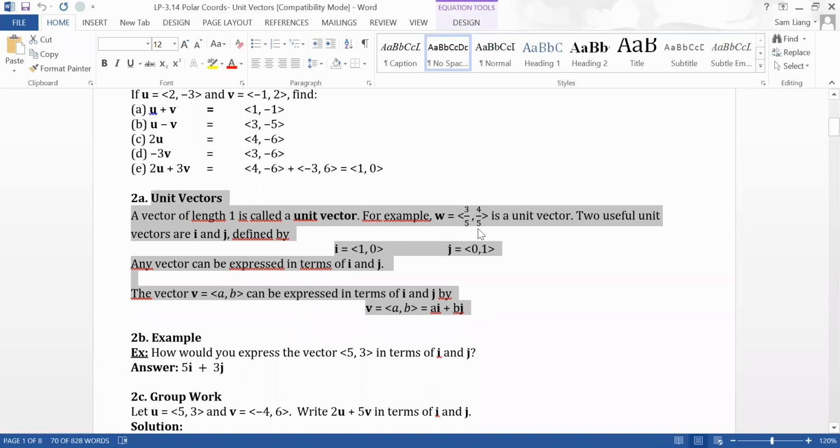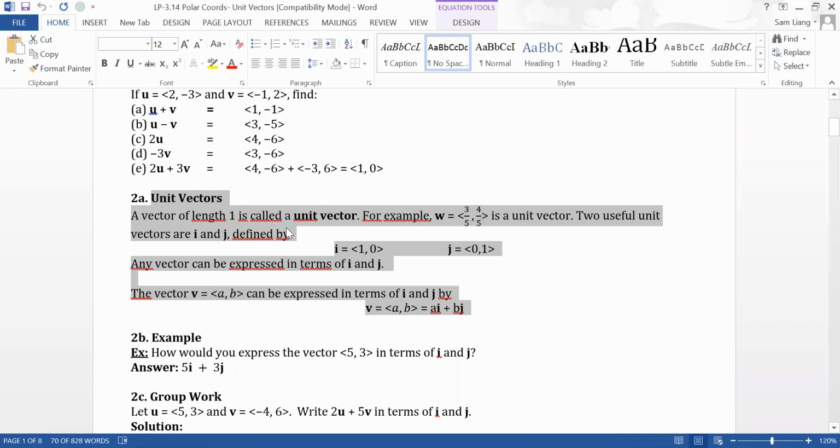It's a unit vector because if you solve for the length, the length of the vector, the square root of 3/5 squared plus 4/5 squared, you get 1. 3/5 squared is 9 over 25, and 4/5 squared is 16 over 25. If you add them together, you get 25 over 25, which is 1, and the square root of 1 is 1. That's the only thing that makes a unit vector a unit vector.